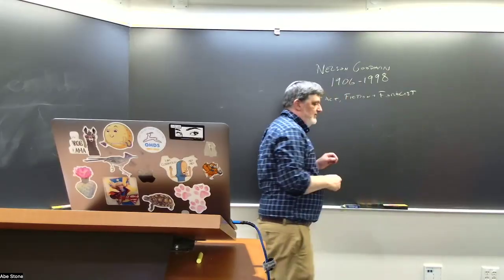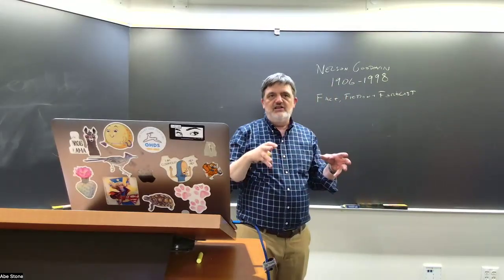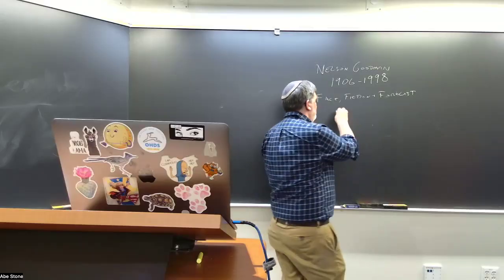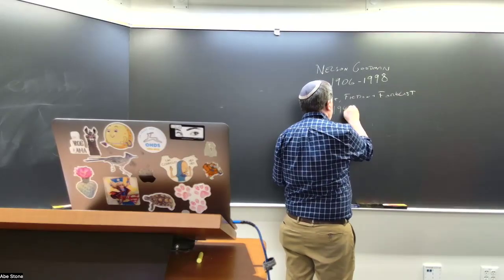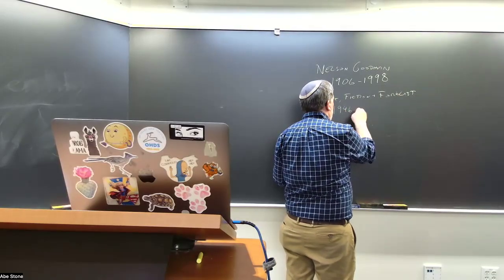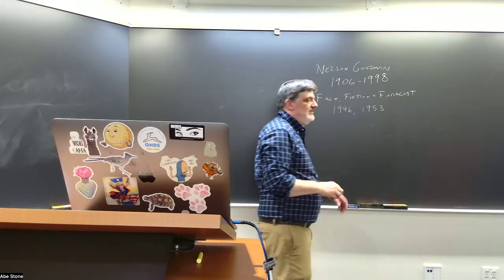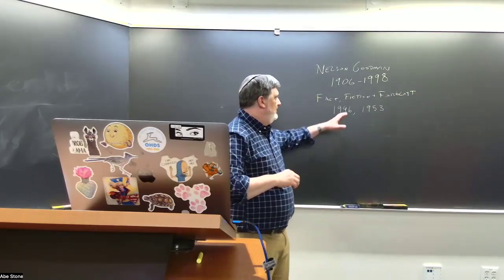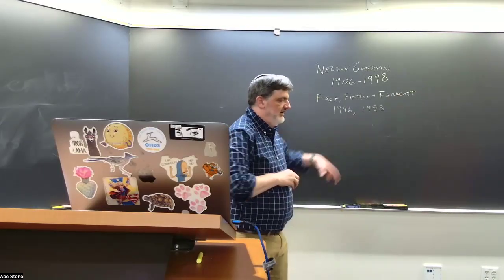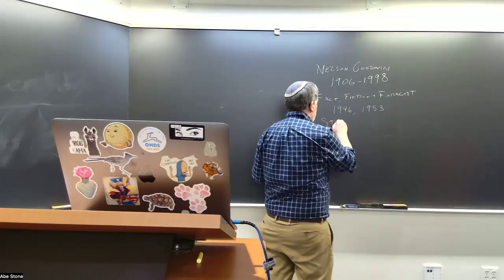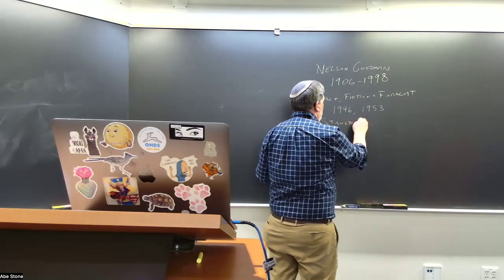The first chapter, which I didn't assign, is based on a lecture he gave in 1946, I think. And then the other three chapters are based on lectures he gave in 1953. So in between, in 1951, he published this other book called The Structure of Appearance.